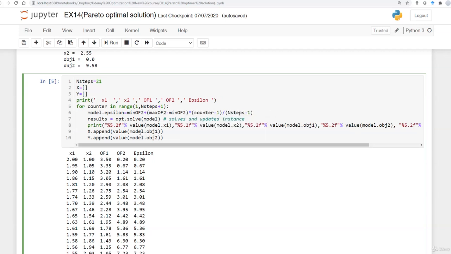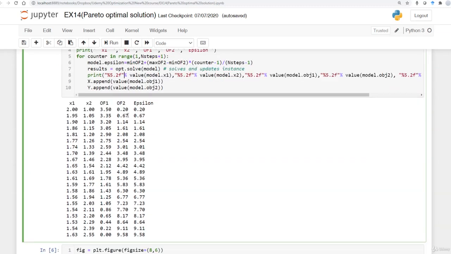Okay, so in this way, when I solve the problem and optimize it, I can easily find out the value for the other objective function. So you can see here, I am starting from 0.2, and little by little I'm increasing this epsilon, and trying to optimize the other objective function.